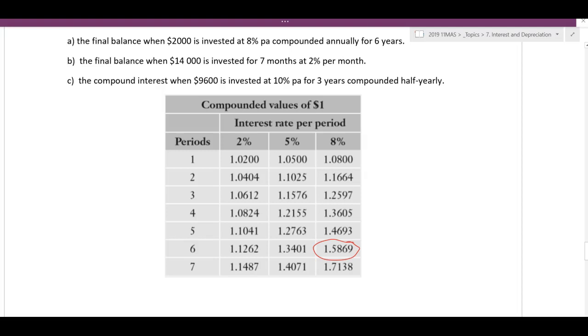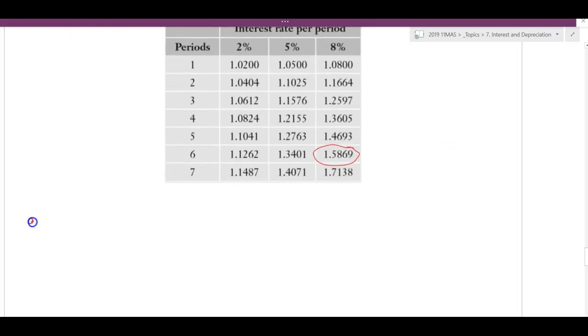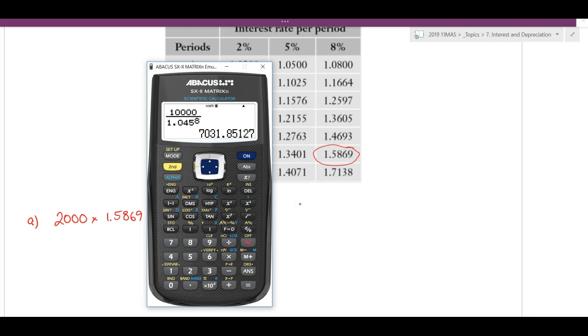So $1 will become $1.59, for example, but it means that $2,000 will be 2,000 times that. So I'm going to say 2,000 times 1.5869. Here's my calculator.